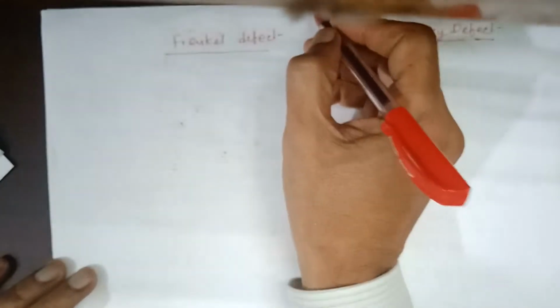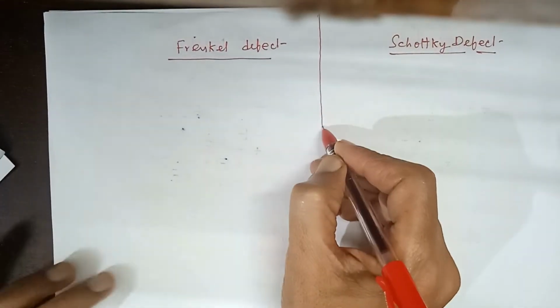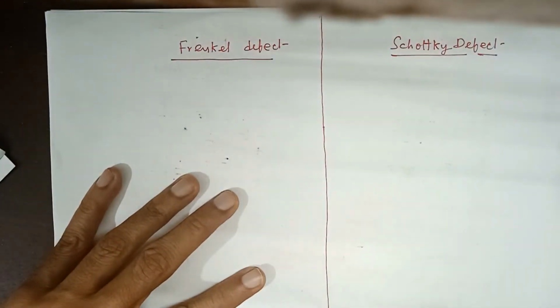Now we see what is the difference between Frenkel defect and Schottky defect, point wise.